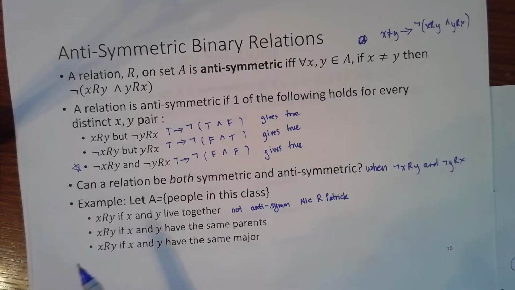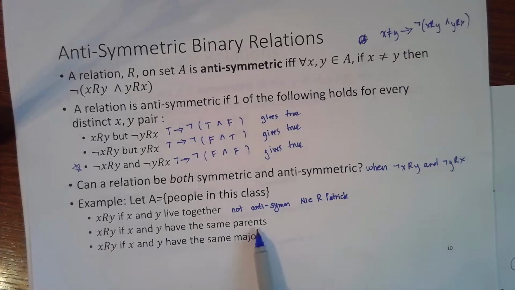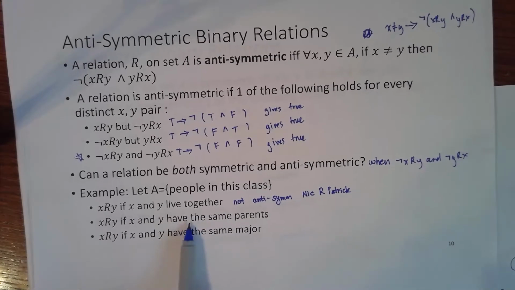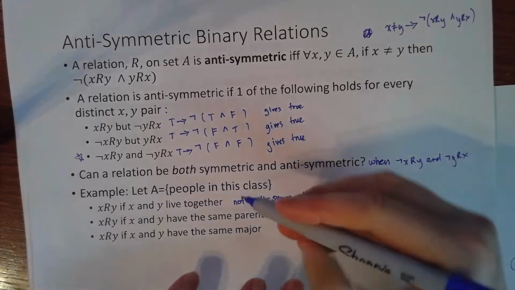Like in the past class, I've had it so that there were no two people that had the same parents. And so this one was anti-symmetric. But Nick and Patrick have the same parents, so once again, while the other students in the class don't have the same parents, so they're not related, we do have that Nick and Patrick.